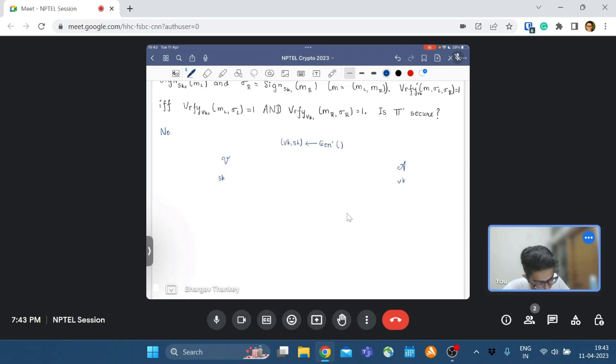Now, instead of asking for a signature on one message, now A would ask for signatures on two messages.